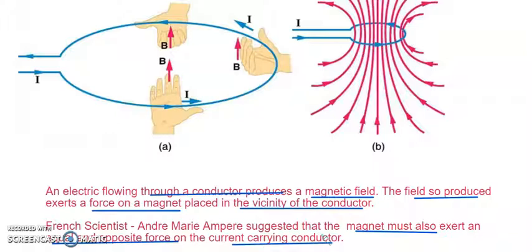Maybe there is a type of force existing between the magnetic field and the current carrying conductor. That is what Ampère said. So let's look at the force which will be applied by the magnet on the current carrying conductor.